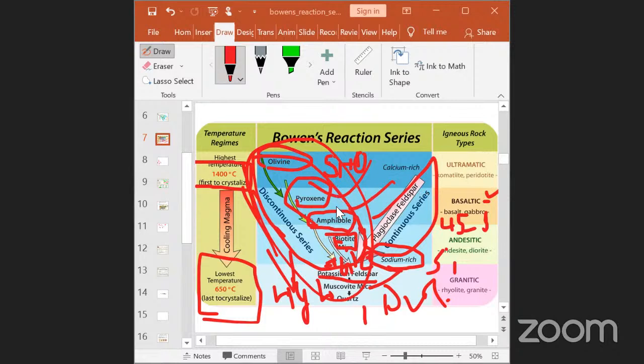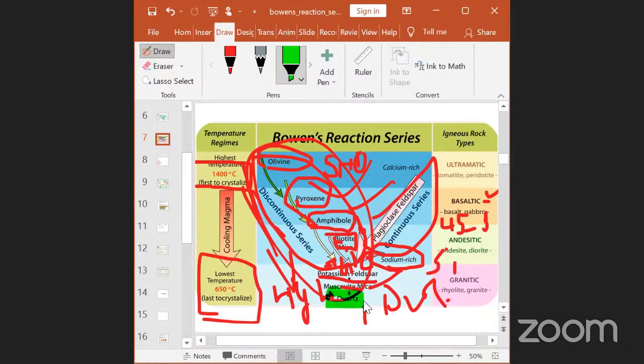So the initial melt was very high in silica, and there are very rare chances that we will get a free form of silica in terms of quartz, right?